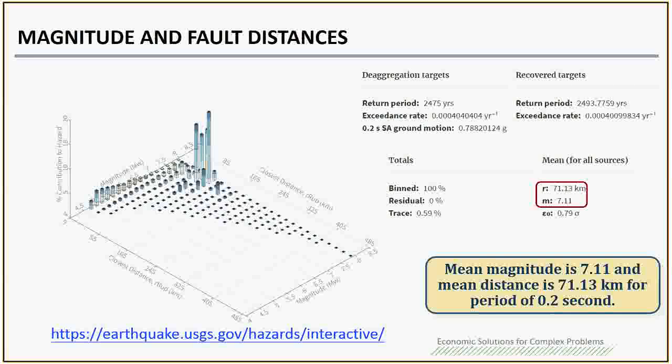Then you combine the two to determine a range of magnitude and fault distance for the project site. For this project, you can select earthquakes with magnitudes between 6.5 and 7.5, and maybe a fault distance from 50 to 90 kilometers.